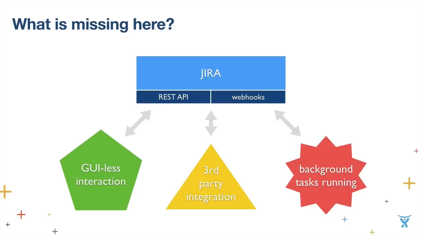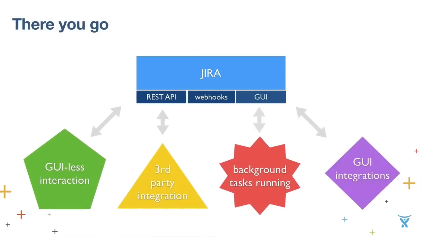We allow the add-on to listen for changes using webhooks. But we still have one very important piece of the puzzle missing here, and this piece is UI integration. Without UI integration, add-ons can't bring more user-visible features for people using JIRA Cloud.